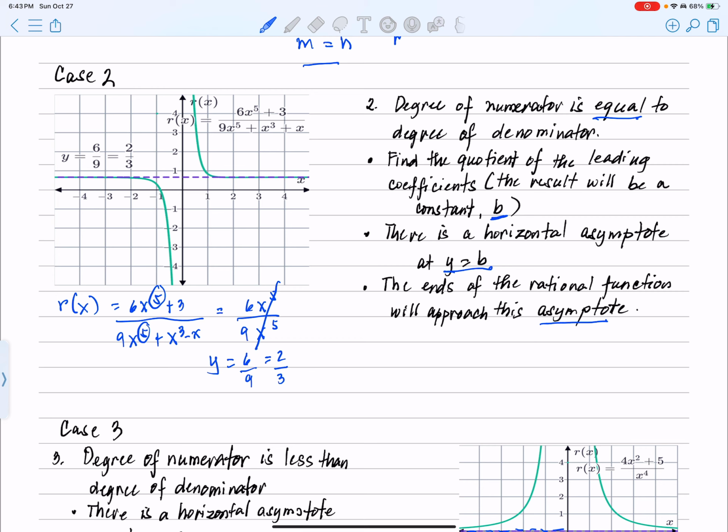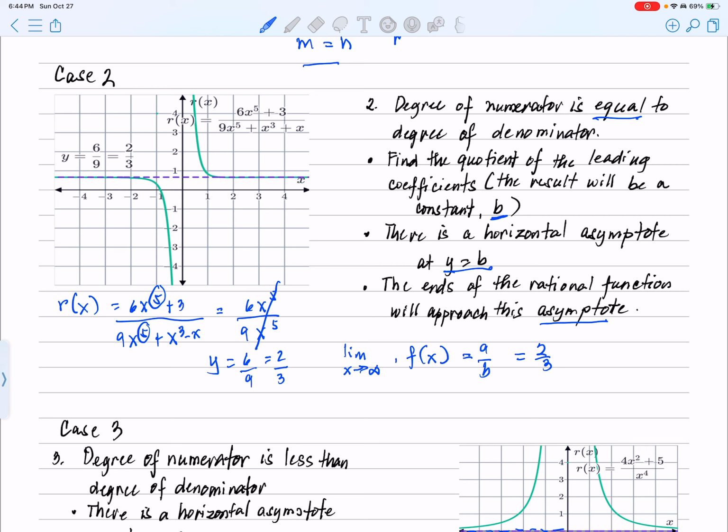So, in other words, our limit, our end behavior in this case, as x approaches positive infinity, the function of x would equal a over b, which in this case is 2 over 3.